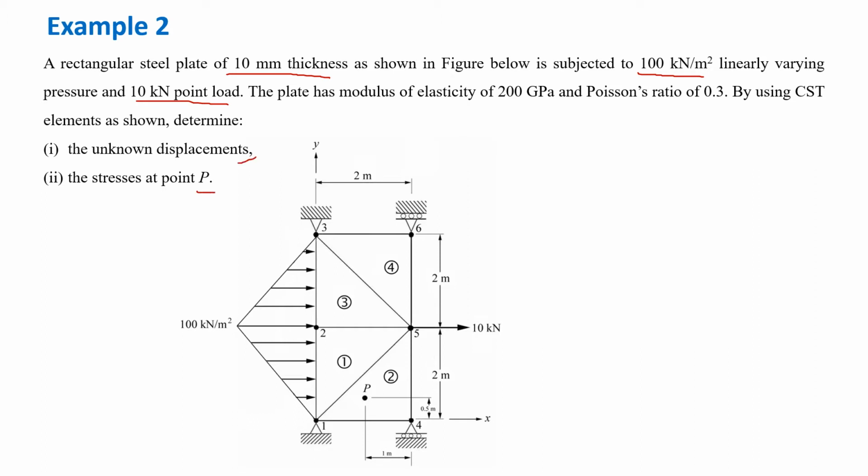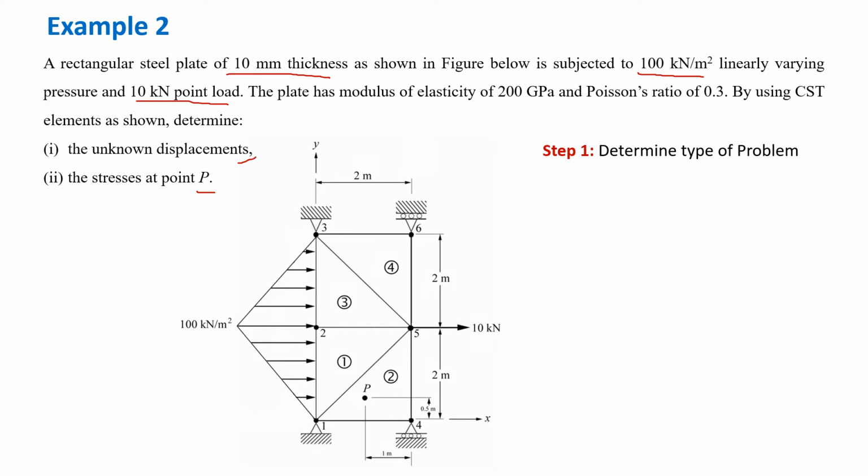So the first thing that we have to do is to determine the type of problem, so that we know which formula we have to use in order to compute the properties or the matrix D. In this case, the keyword from the question is the 10 mm thickness.